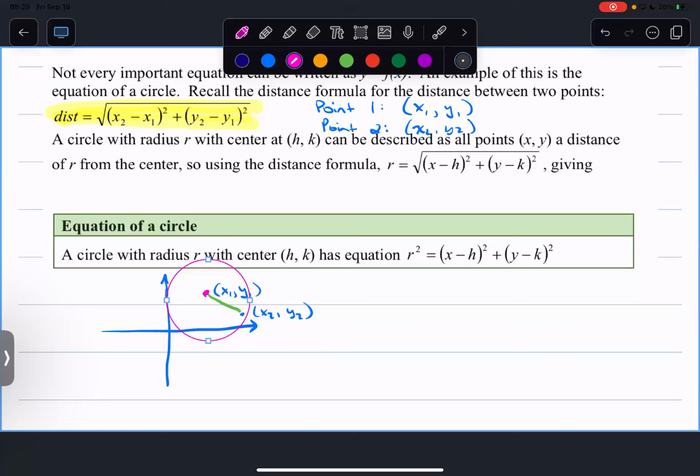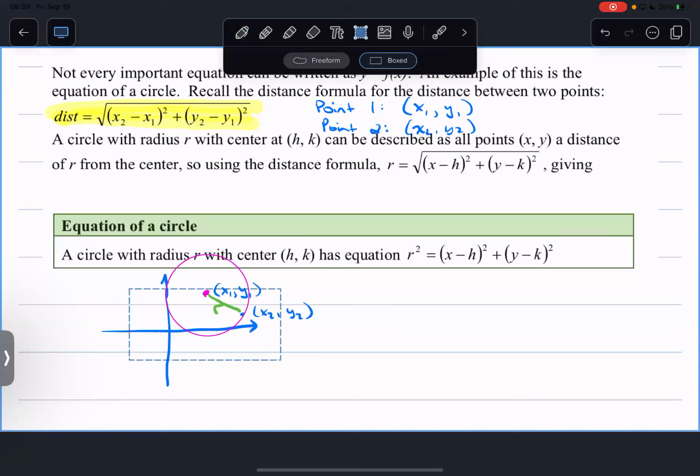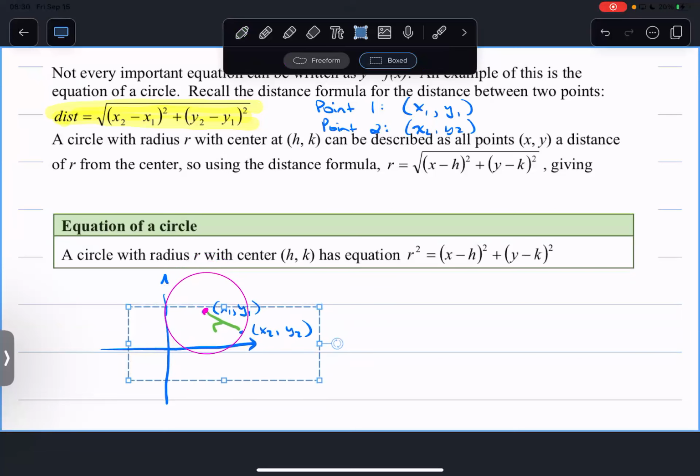So then we could find all the points that are that distance away, and that makes a circle. What's that distance? That distance is the radius. So making that distance the radius, okay, not bad. Yeah, got it all.